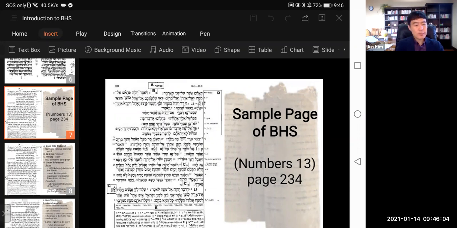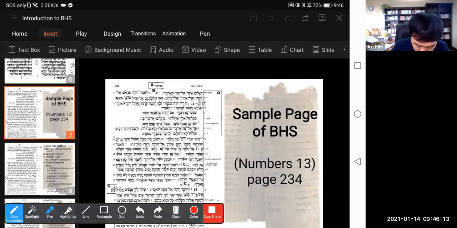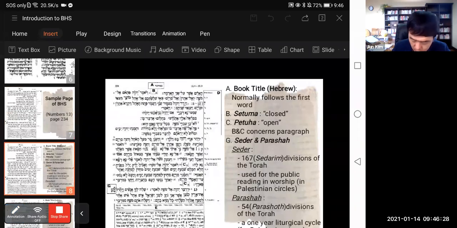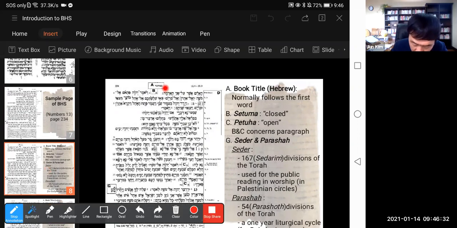234. As you can see, you need to understand what all those things mean. Let me explain. Okay, here. A is the book title written in Hebrew.